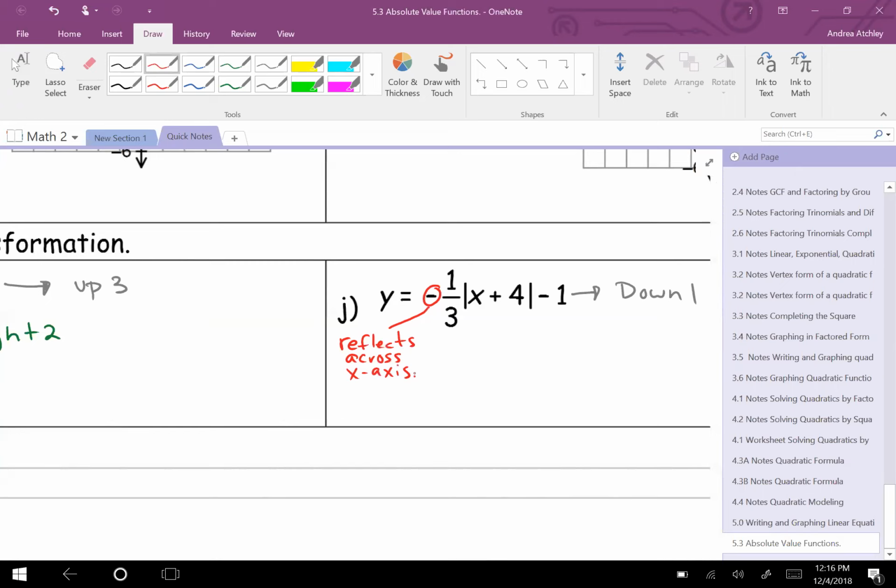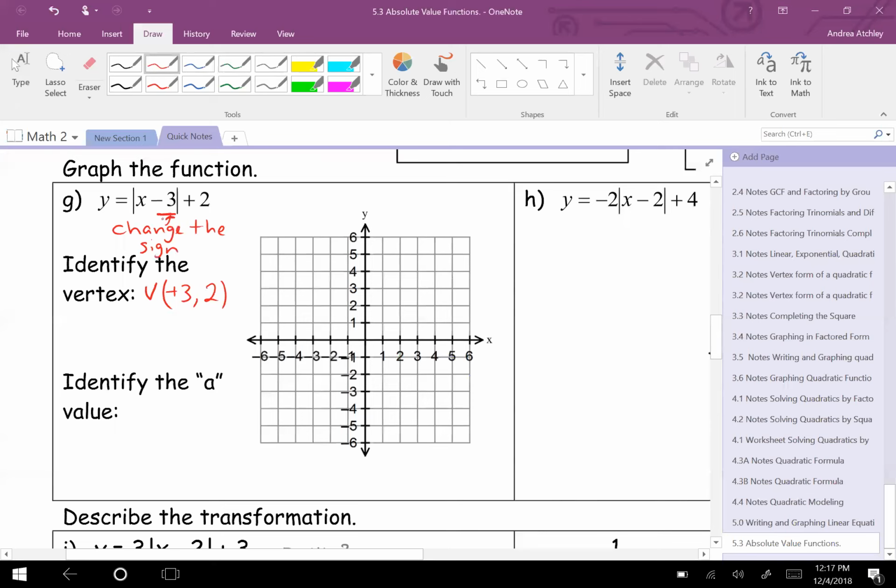My vertex, again, change that sign. So it's a +3 and 2. The opposite values again are like the parentheses, so it's the opposite. So I'm going to graph where x is 3 and y is 2.